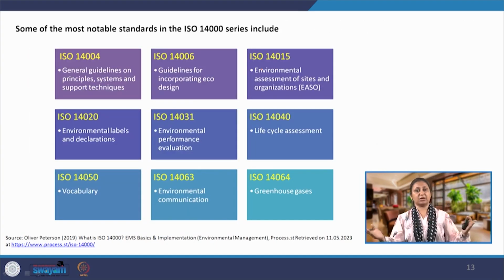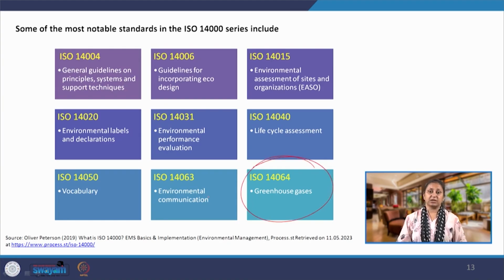Now, of this 14000 series, there are several standards: 14004, 6, 15, 20, 31, 40, 50, 63, finally coming to 64. There are many other standards within this 14000 series, but these are the most notable ones. What we are looking at here particularly is the standard relating to the greenhouse gas protocol, the standard on greenhouse gases. This is what we are taking forward, but there are other standards.